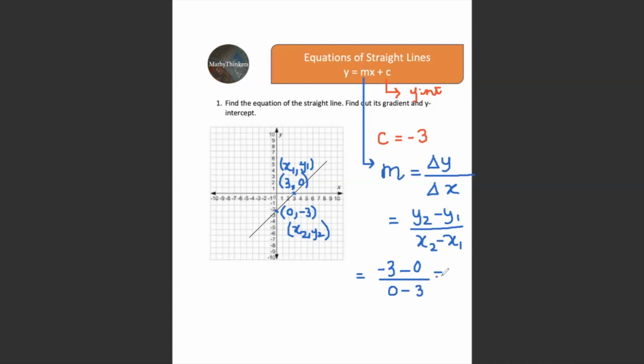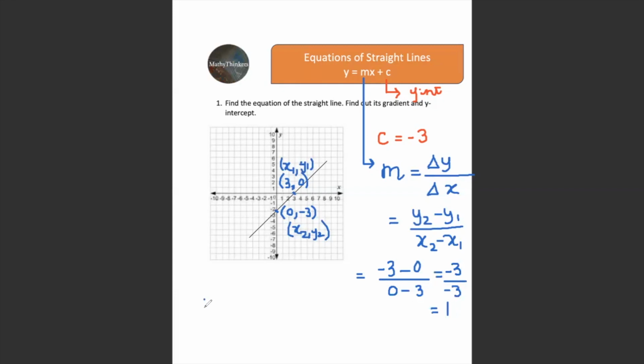So we have minus 3 minus 0, which is minus 3, divided by minus 3. Minus 3 divided by minus 3 is just 1. So the value of the gradient for this graph is just 1. So m is just 1.